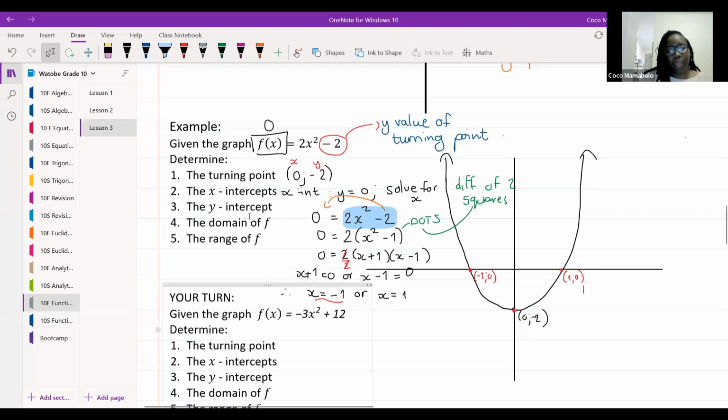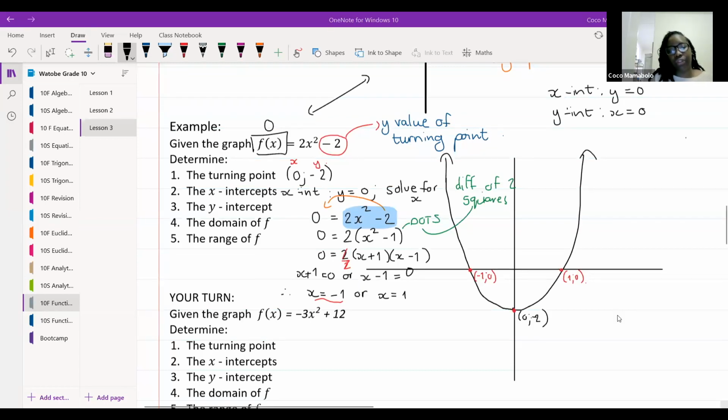What's up? Ma'am, you lost me where we said y is equal to 0. Okay, so remember in grade 9, when we did straight line graphs, they taught us the intercept method. If we want to find the x-intercept, we need to make y equal to 0. And when we want to find the y-intercept, we make x equal to 0.